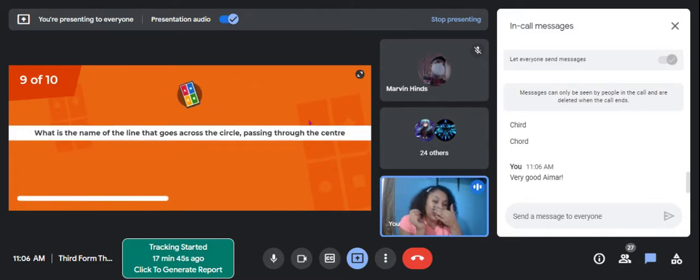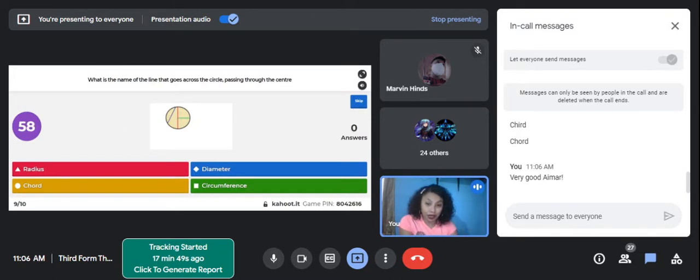What is the name of the line that goes across the circle passing through the center? Now this one, yes, passes through the center and connects circumference to circumference.